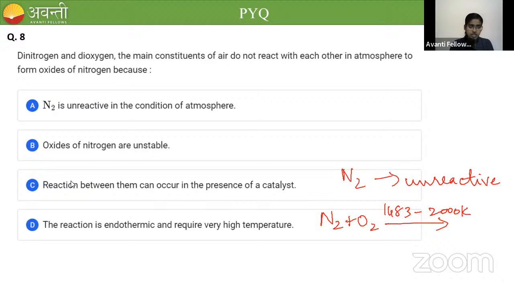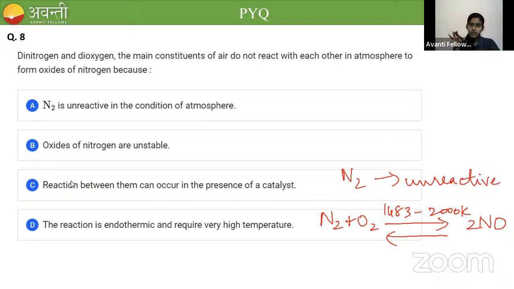So energy is absorbed and it forms the oxide of nitrogen with formula NO. If you balance it, you have to put 2 NO. So it reacts at very high temperature and the reaction is reversible.